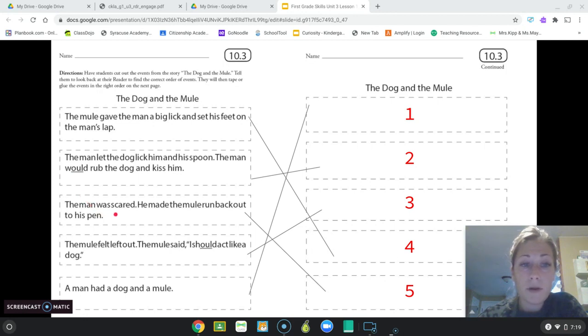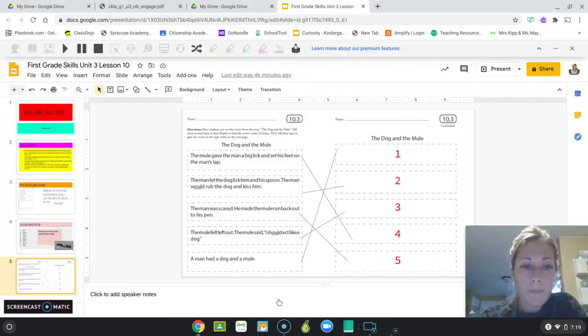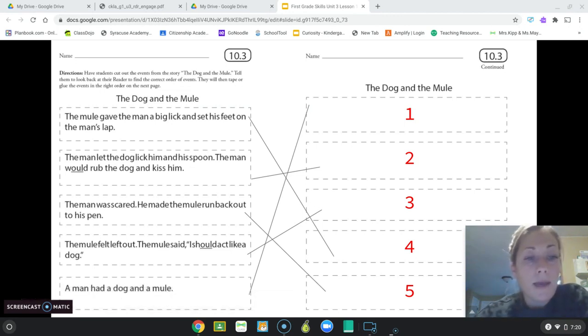He made the mule run back out to his pen. The mule felt left out. The mule said, I should act like a dog. And then at the end, the last one says, a man had a dog and a mule. That bar always gets in my way.